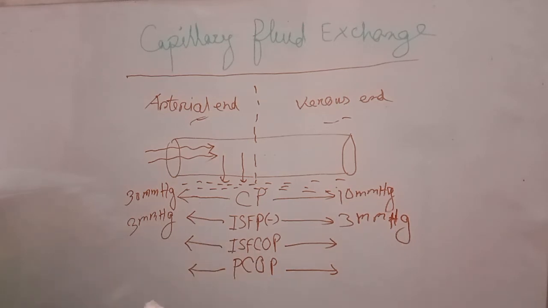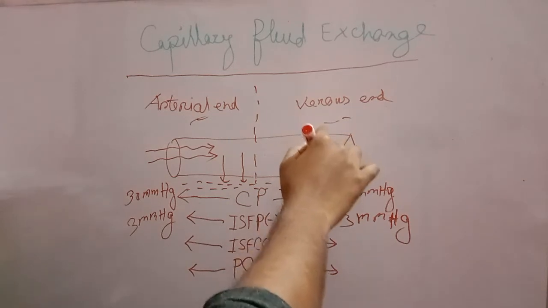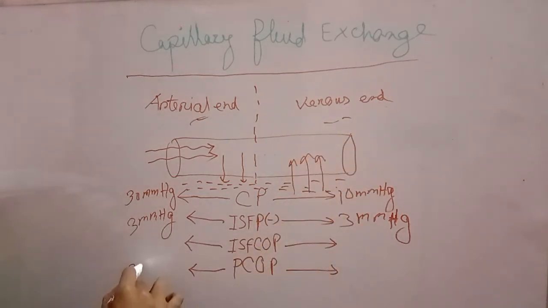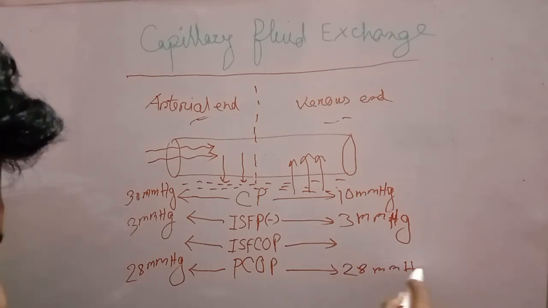It is trying to move the fluid inward, and the value is 28 millimeters of mercury.